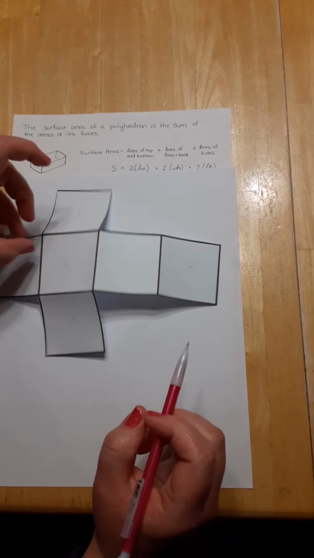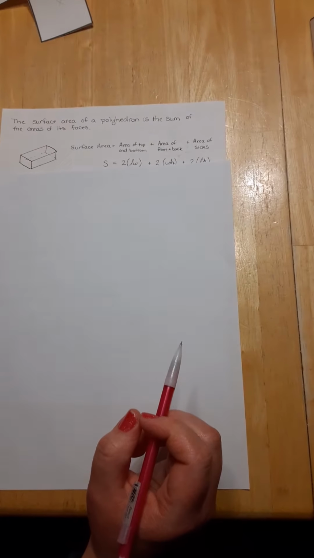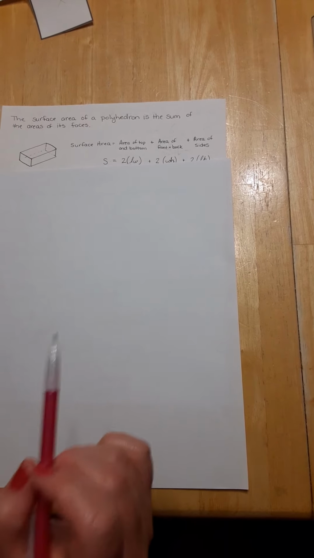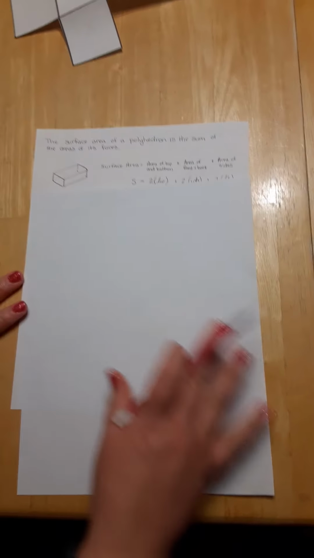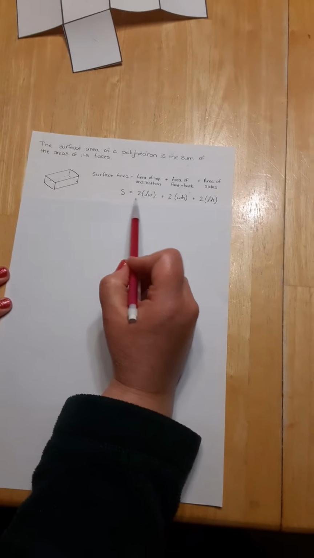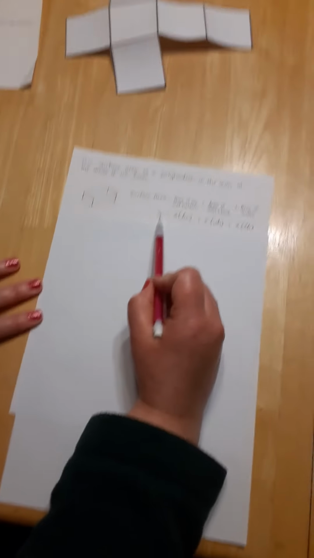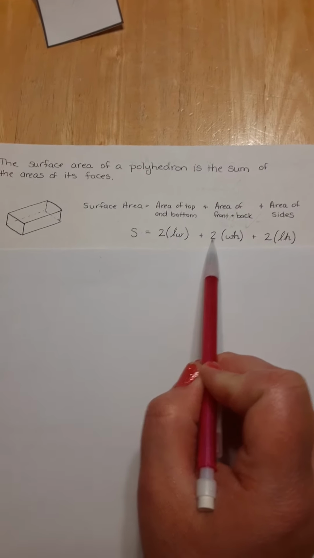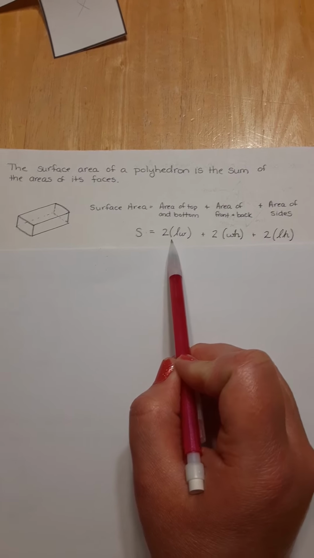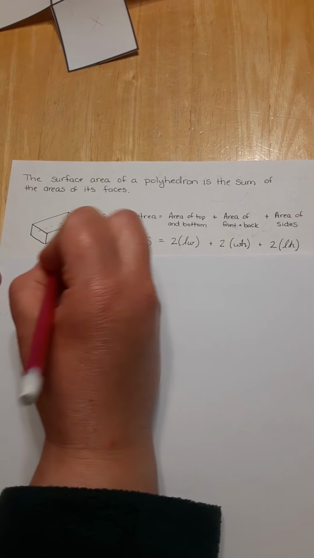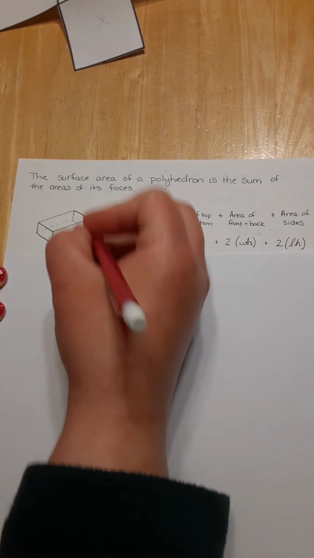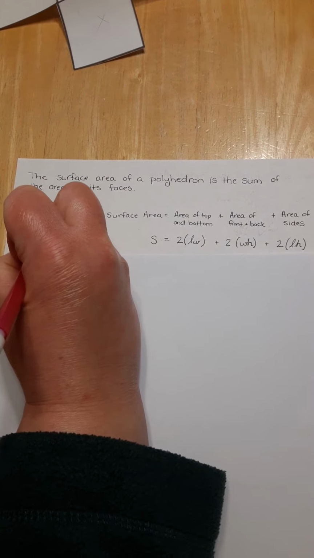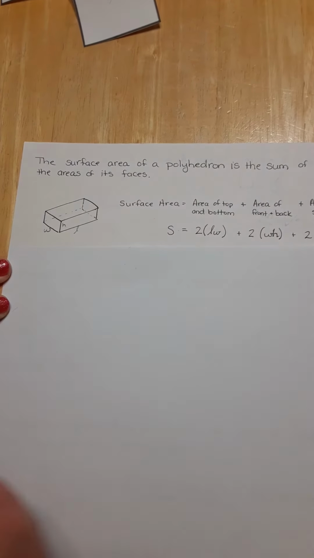With our prisms here, I know I'm going to have 2 measurements of each thing. So this is our special equation that we have. I need to take the sum of the surface area of all of these different regions. So we can say this is my length, my width, and my height here.